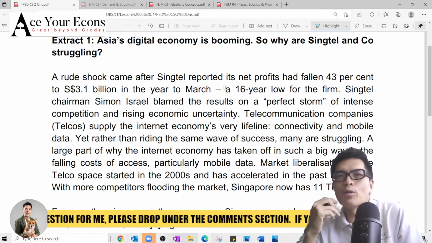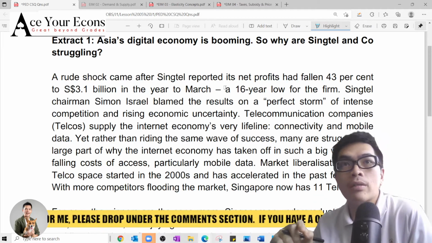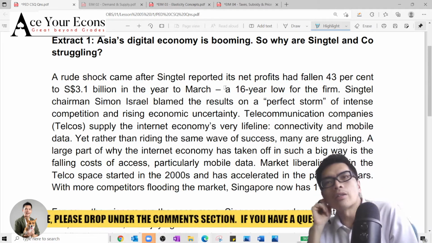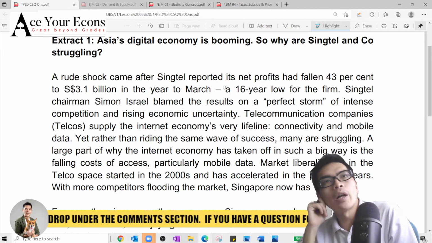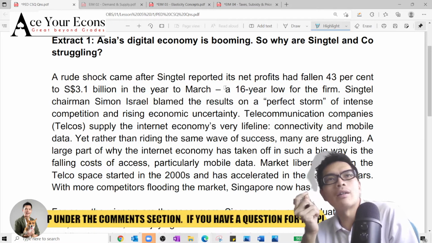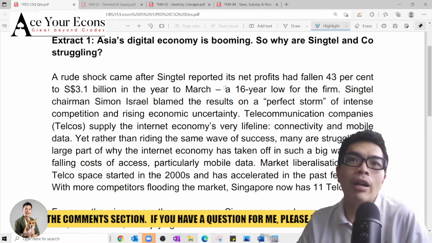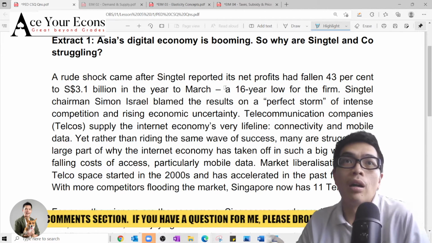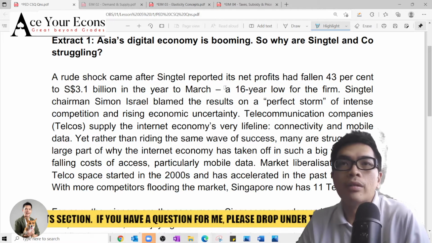But I don't quite get complement goods. There's no need for complement goods here. I'll show it in a short while. Some of you, I just want to hear up or down. What do you all think is going to happen, or rather, how is the revenue of the mobile data provider, the telcos, going to be affected?